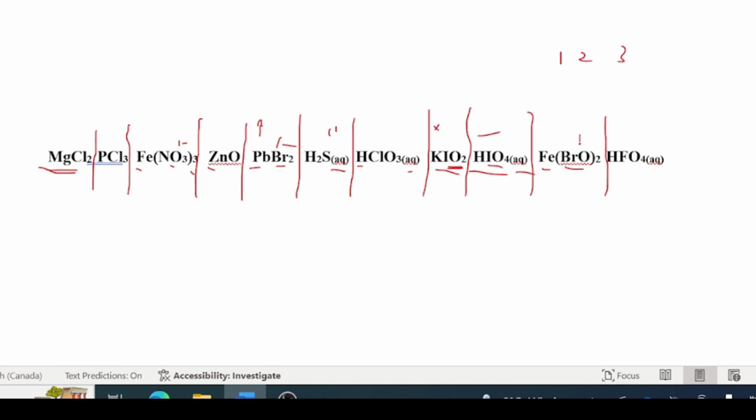And this is 1 negative here, so iron must be 2, because you have 2 of these radicals. So what is it? Ferrous hypobromite. Or, what's the other one? Iron 2 hypobromite. And of course, this one will be perfluoric acid, or aqueous hydrogen perfluorate.